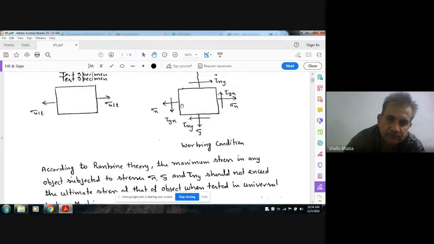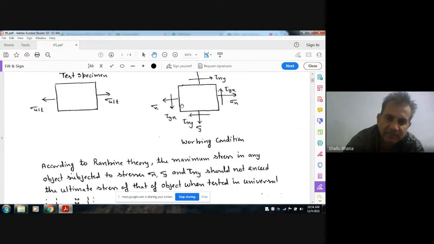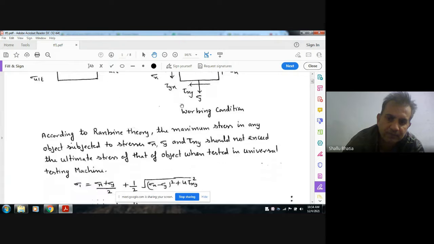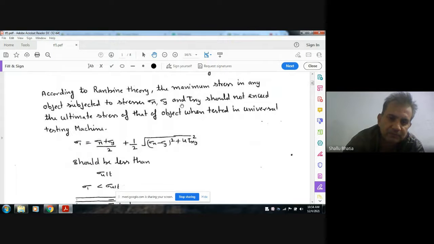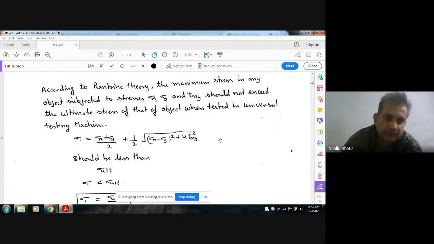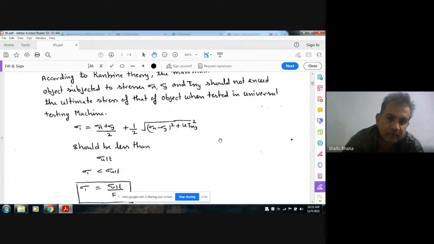In this case, where sigma x, sigma y, and tau x y are acting, the maximum principal stress sigma 1 is equal to sigma x plus sigma y by 2 plus 1 by 2 root of sigma x minus sigma y square plus 4 tau x y square. It should be less than sigma ultimate.